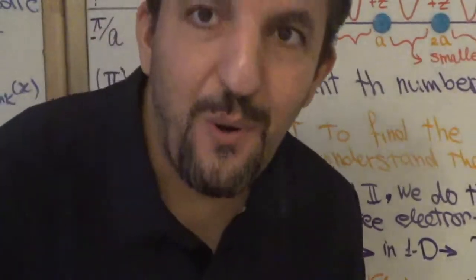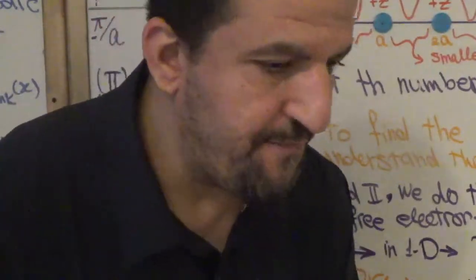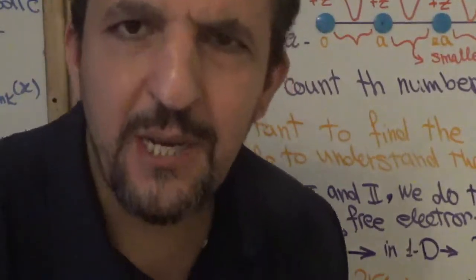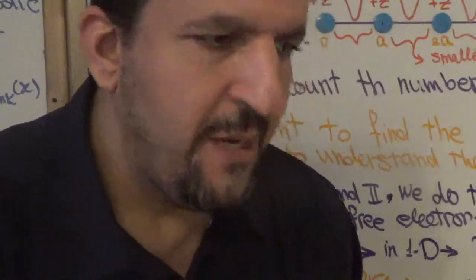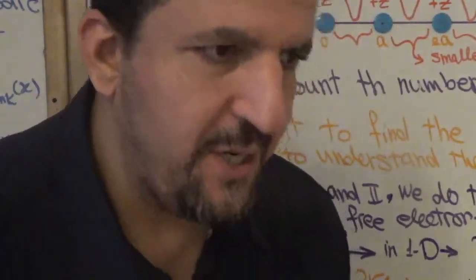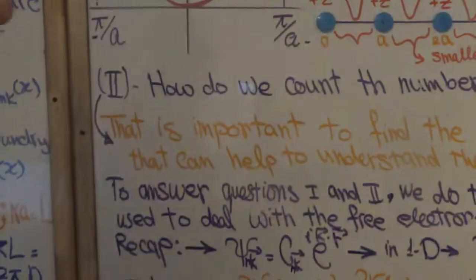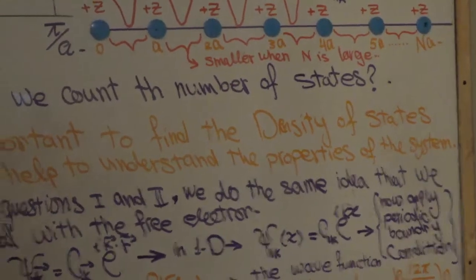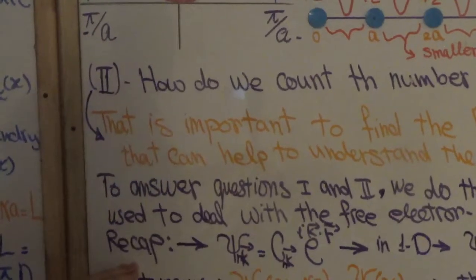So if you go to quantum mechanics, guys, and try to solve the free electron problem, you need to solve the Schrödinger equation, and to solve the Schrödinger equation you need to work on the wave function, and the best choice for the wave function is to have a plane wave. And you can see that here, guys, just to recap and help you to remember that.